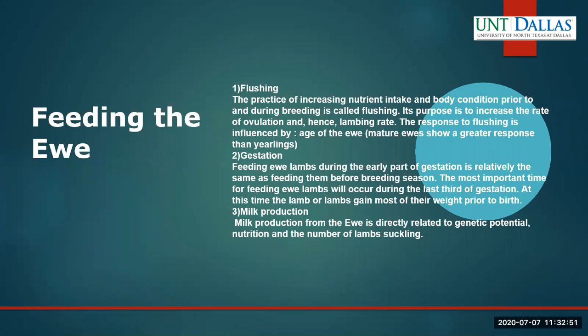The most important time for feeding will occur during the last third of the gestation period, because at this time the lamb or lambs gain most of their weight prior to the birth. Like I said, the gestation length is approximately 5 months, that means 147 to 150 days.